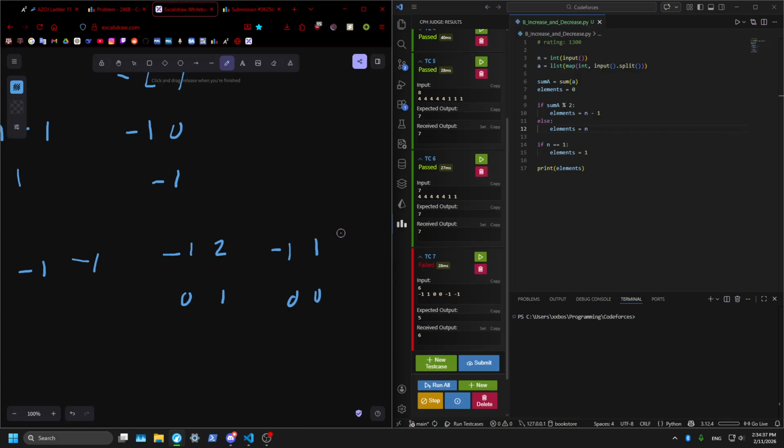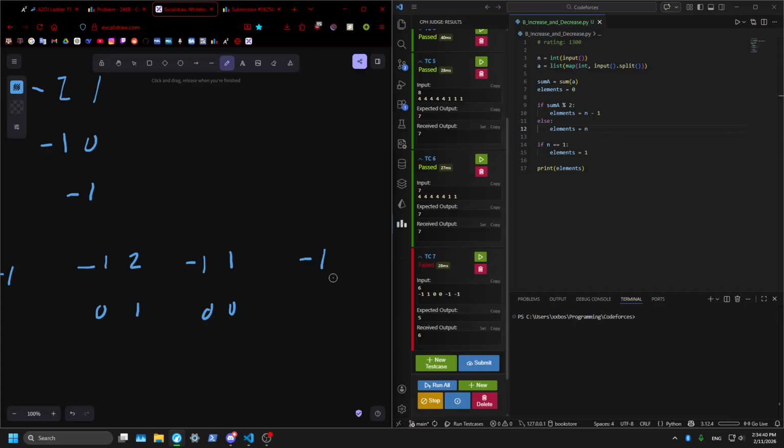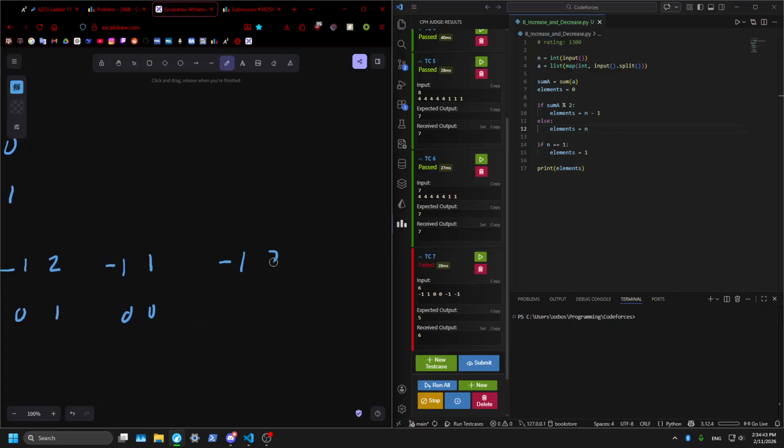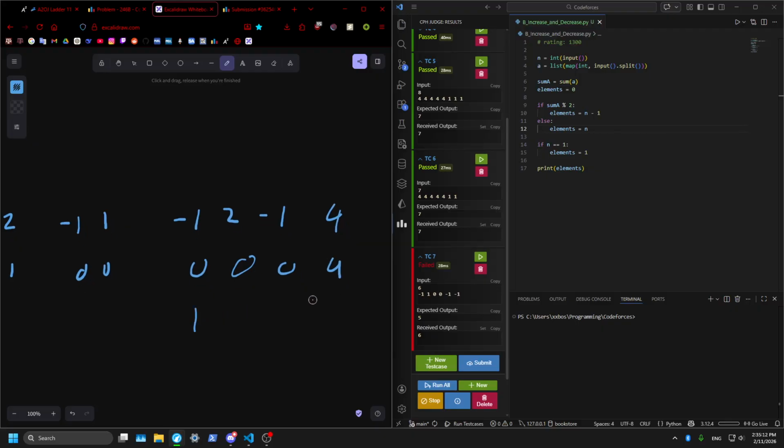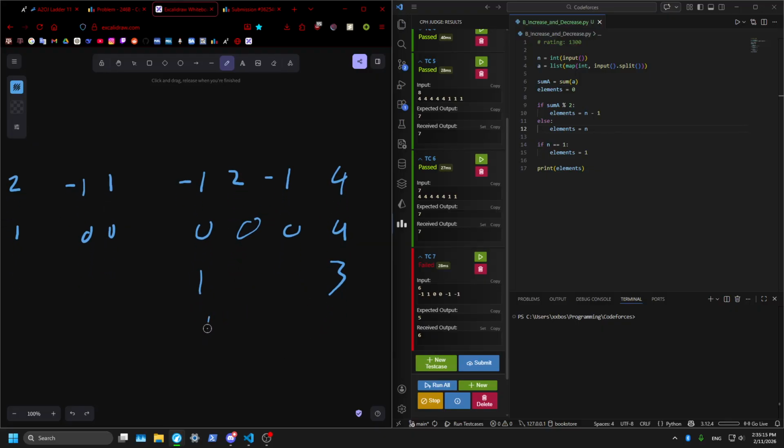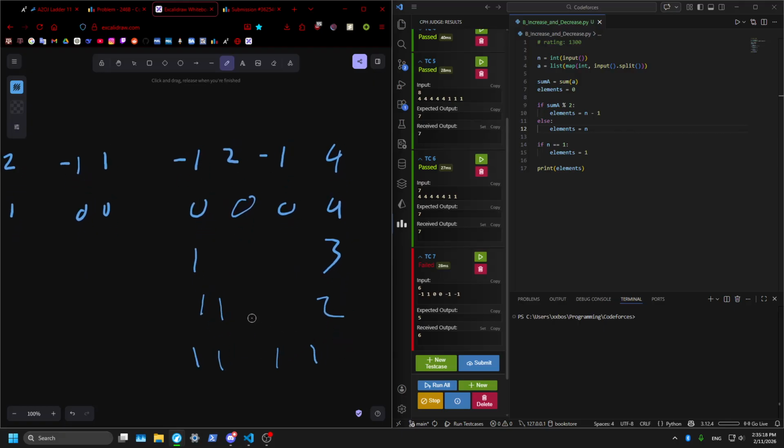Why does this work? This is 0. What also works? -1, 2, -1, 0, 1 also works. It's this, right? 0, 0, 0, 4, and then 1, 3, 2, 1, 1, 2, 1, 1, 1, 1. Yeah.